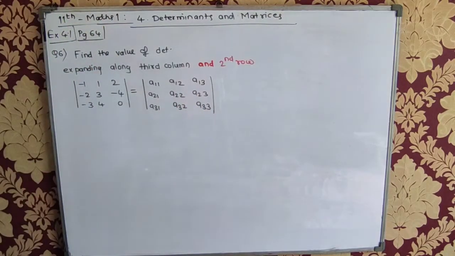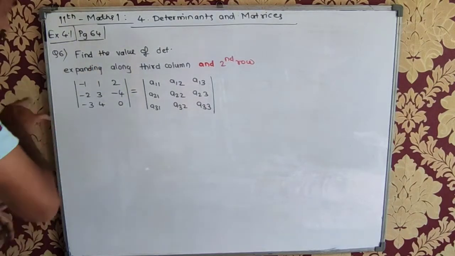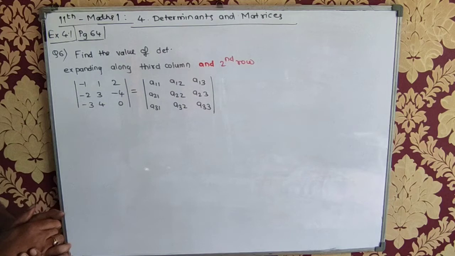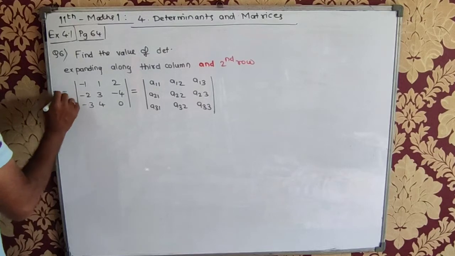Now what the property is? The property says the determinant can be expanded along any row and any column. So let us say D is the value of this determinant.